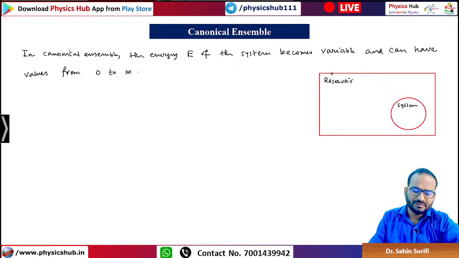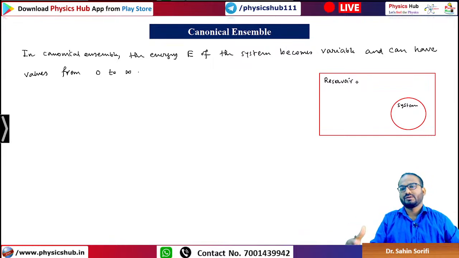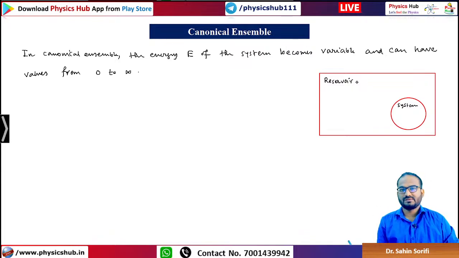We have already talked about the reservoir. You can say that it is an infinite pool of heat. If you take some heat from it or give some heat to it, the temperature of the reservoir does not change. So if you keep a system in contact with a reservoir at temperature T, the system will also maintain the same temperature T.